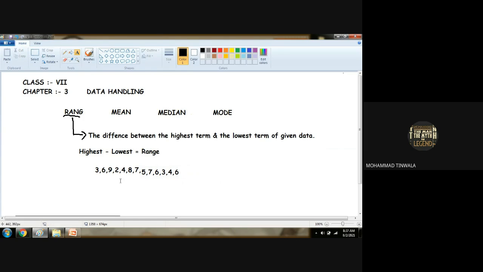These are the data given here. Okay, boys? Now, if we want to find a range, what is the range of the given data?